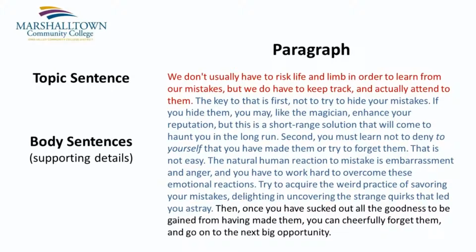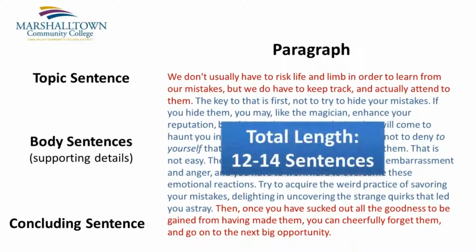Following the topic sentence is the body of your paragraph, which should include a series of sentences that provide examples and details that explain what your topic sentence is all about. Finally, a well-written paragraph should have some type of concluding sentence at the end. The purpose of this sentence is to remind readers of your main point and perhaps offer a final comment about the subject.